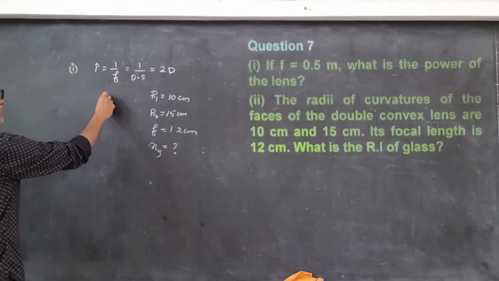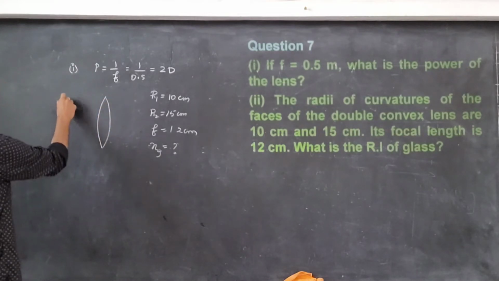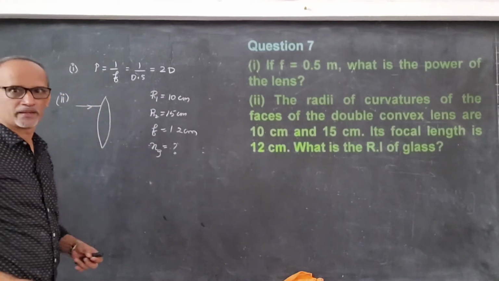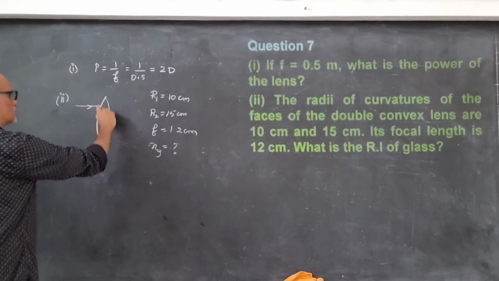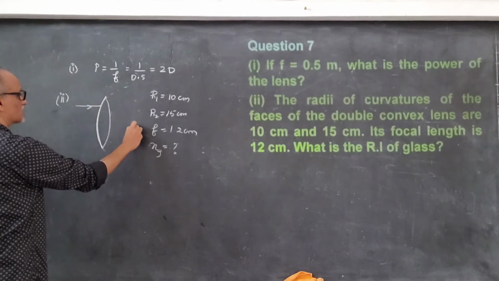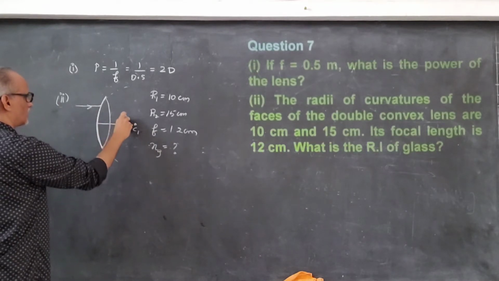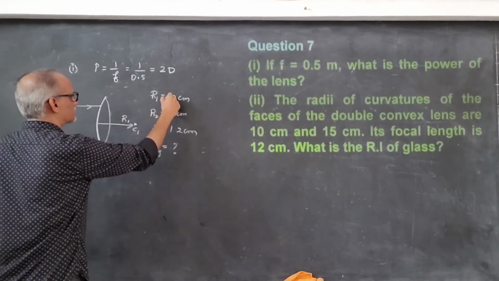In the case of a lens, sign conventions are important. Let's consider a convex lens, and this is the direction of the incident ray. For this particular surface, if I extend it like this, the center of curvature comes here, C1. This will be R1, which is in the direction of the incident ray. Therefore R1 is positive.